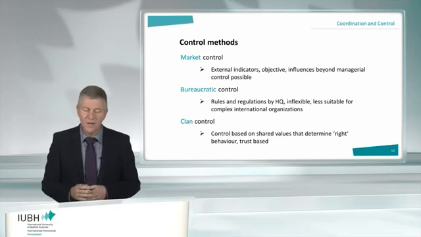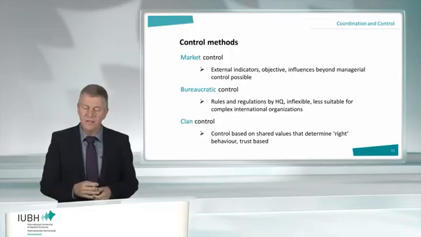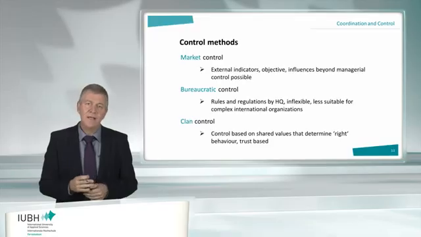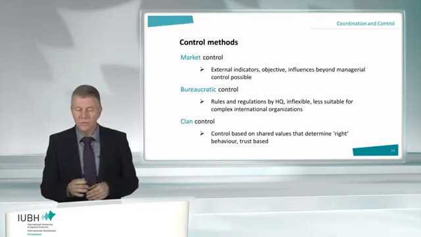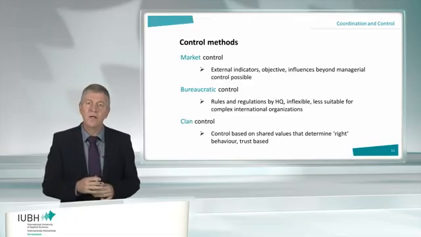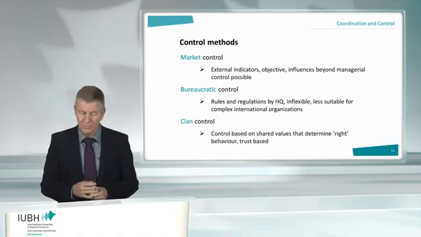Market control means that you would use external indicators. And these external indicators you would use all over and throughout your organization. They provide some kind of objectivity, but on the other hand, you have to respect that influences beyond managerial control are possible and would then not be taken into account sufficiently.